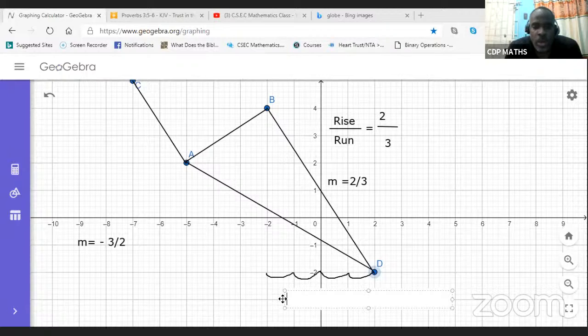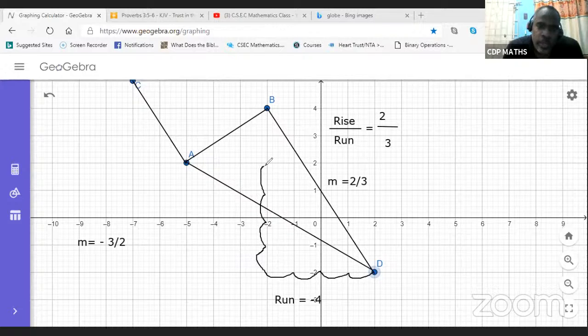So therefore, our run is equal to negative 4. And then we're going to do a rise now. So 1, 2, 3, 4, 5, 6. So you got it. Well done. All right.